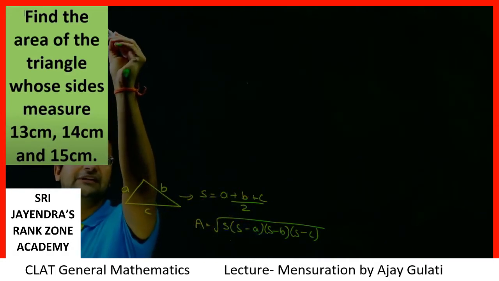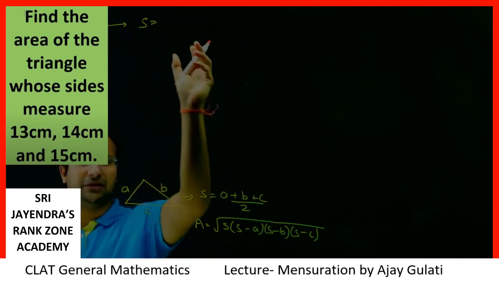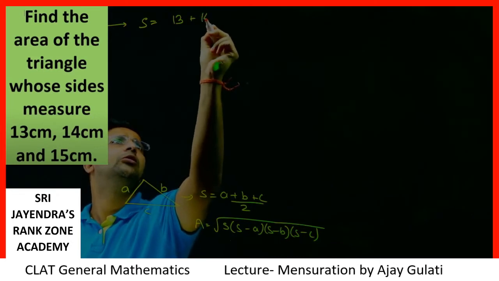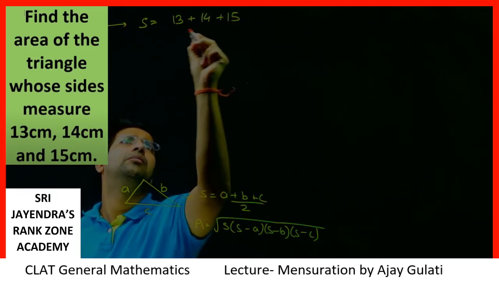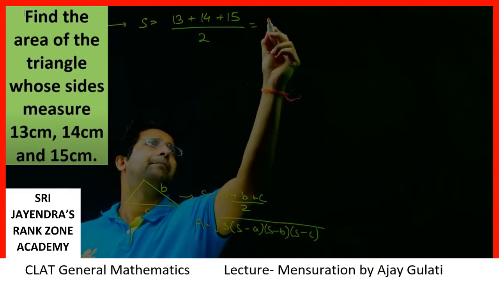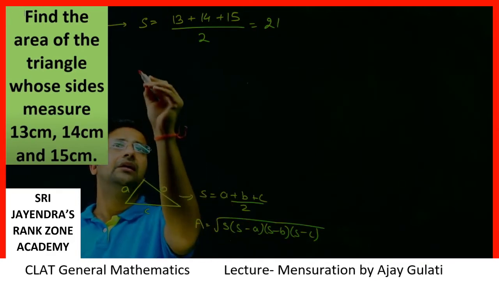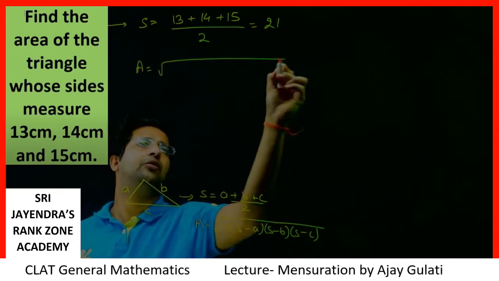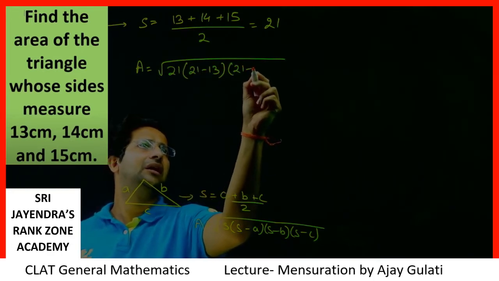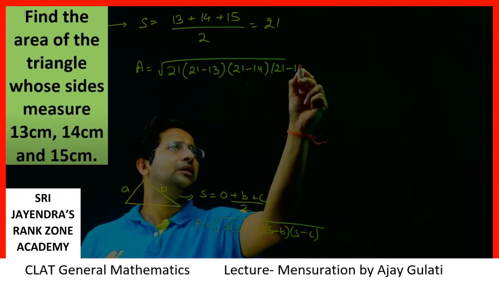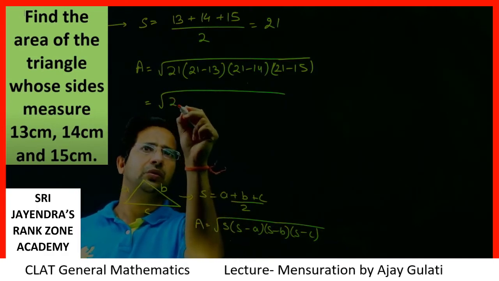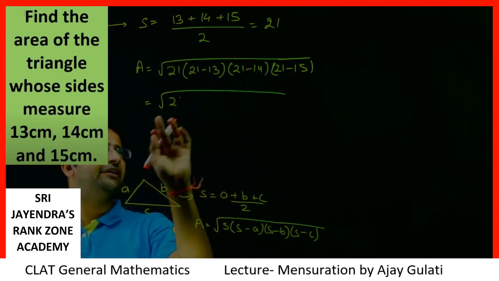First of all, the first method is, let's say, a general method. Okay, that is not so special, but the basic formula you ought to be knowing. Semi-perimeter is what? 13 plus 14 plus 15 by 2. This comes out to be 21. Now what is the area? Area is, as per the formula, S into S minus A, S minus B, S minus C. Just write this 21.